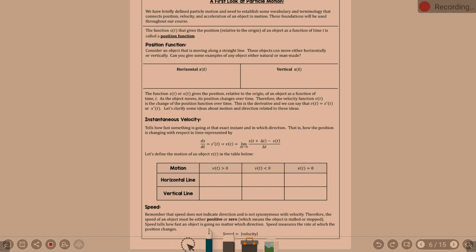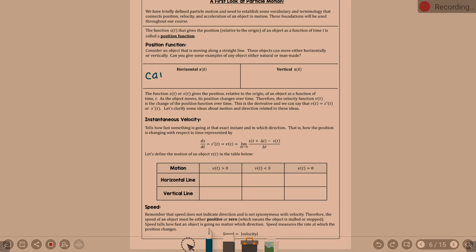Consider an object that is moving along a straight line. These objects can either move horizontally or vertically. Can you give me some examples of any object, either natural or man-made? What are objects that move horizontal? Well, a ball when you throw it. I wouldn't put that in the horizontal category. A car. I could put that in the horizontal category.